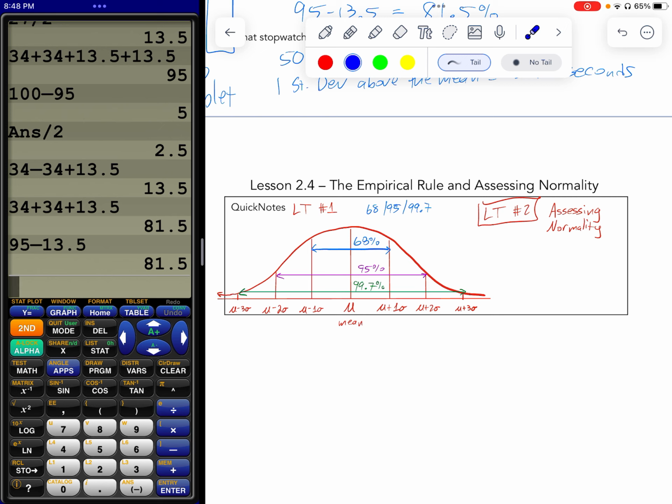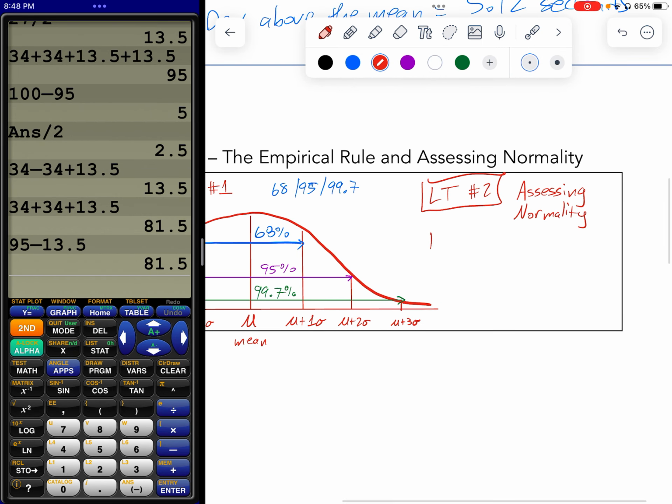Okay, how do you know? There's really a couple ways to do this, is to create the box plot or the histogram, or the dot plot, or maybe I'll say stem plot.